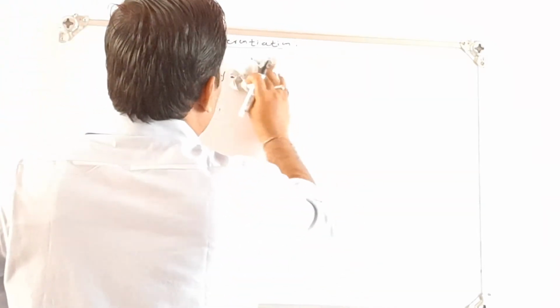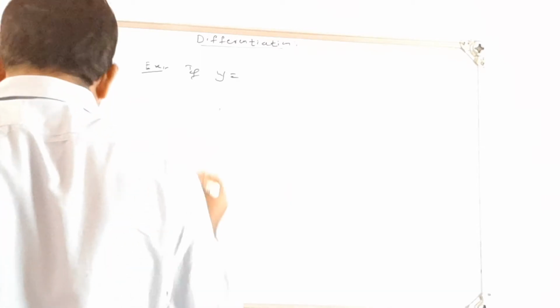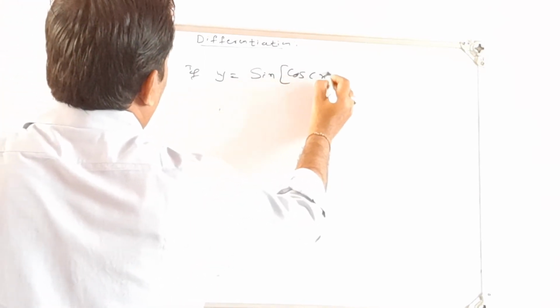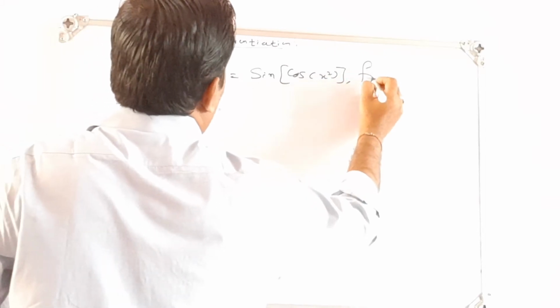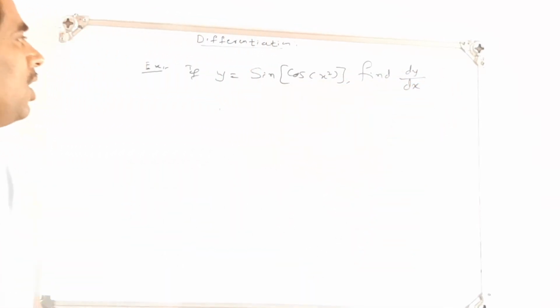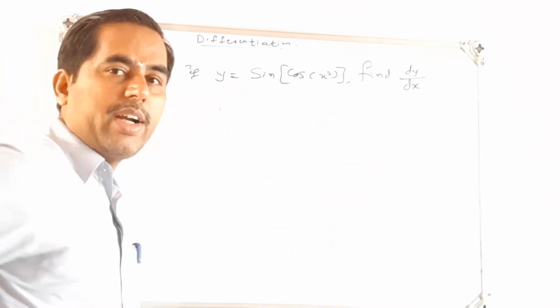Next, let us consider another example here. y is equal to sine of cos x square, find dy by dx.